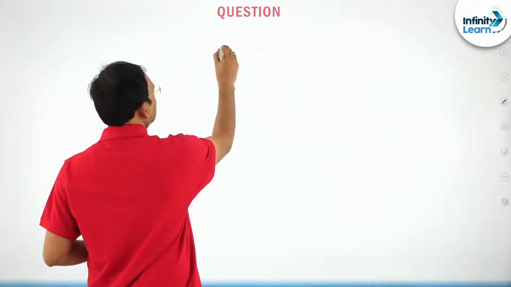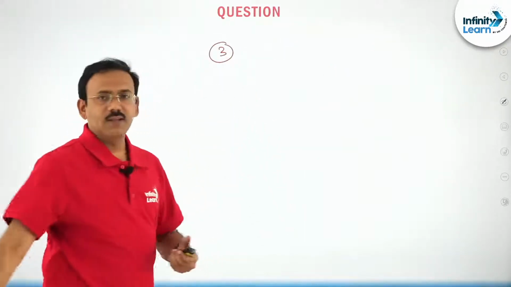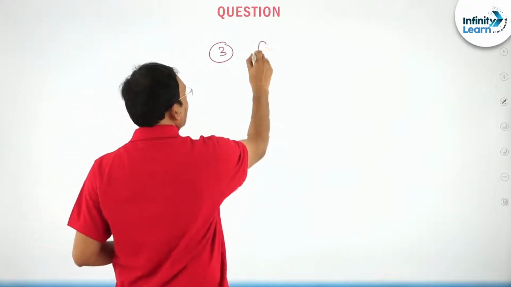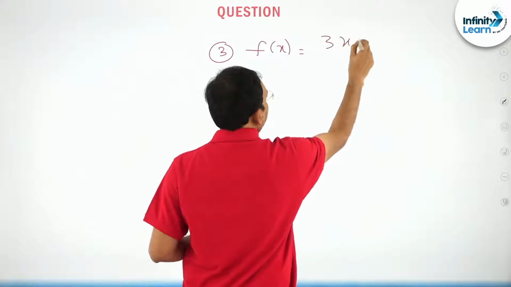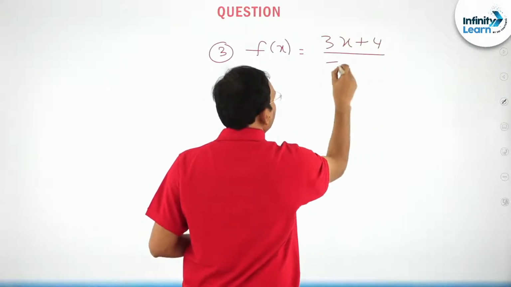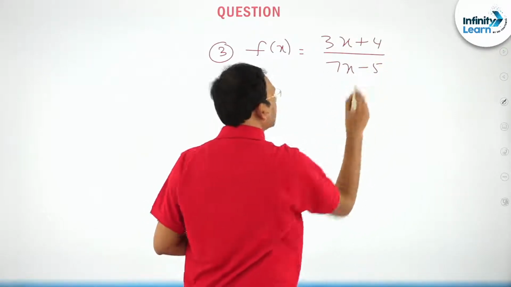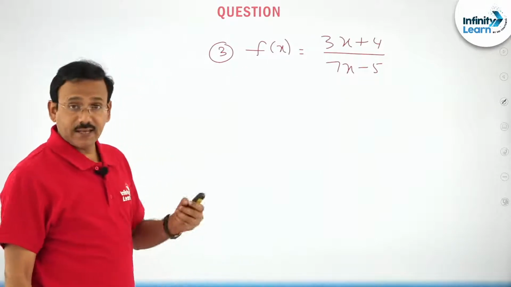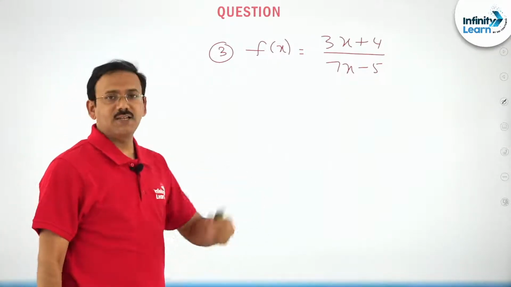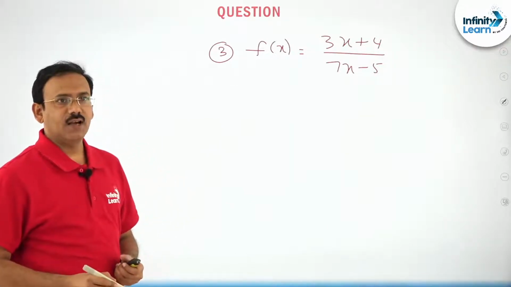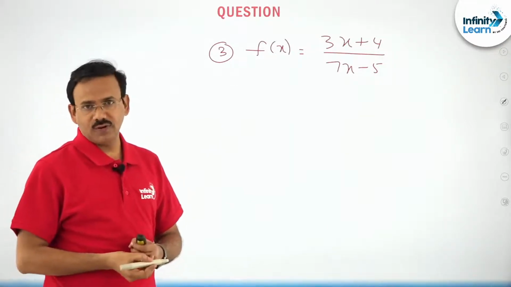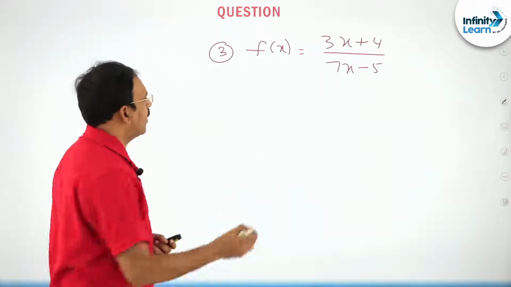Fine. The third point, friends: suppose f of x is given like 3x plus 4 by 7x minus 5, something like ax plus b by cx plus d. What about its range? Before I go to range, let me talk about the domain, friends.